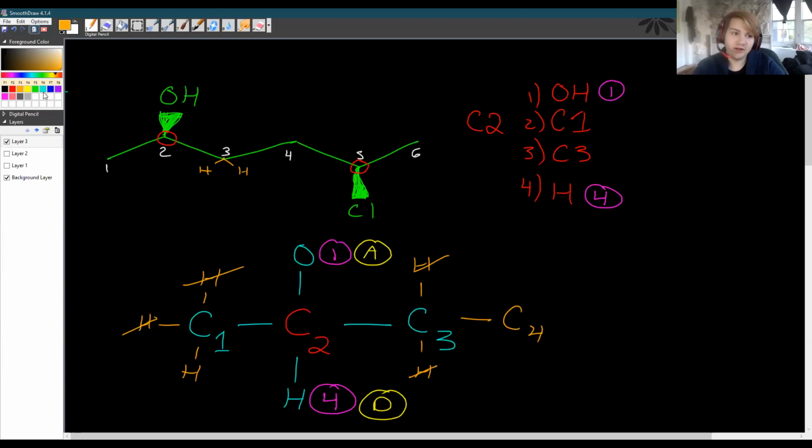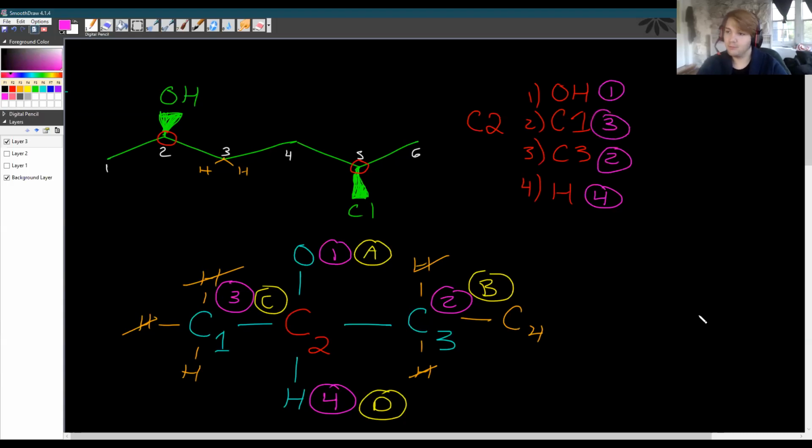Oh, carbon wins. So now C3 is going to be given priority number 2, or we could say priority B. And carbon 1 will be given priority number 3, or priority C. Okay, so just to fill in what we're going over here, we have 1, 2, 3, 4. Perfect.